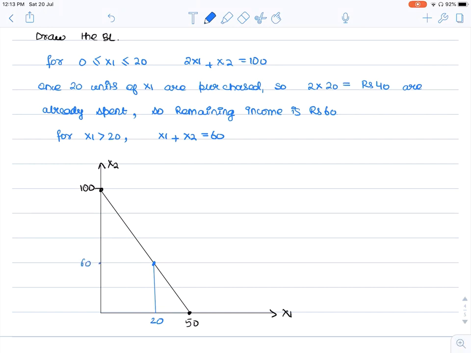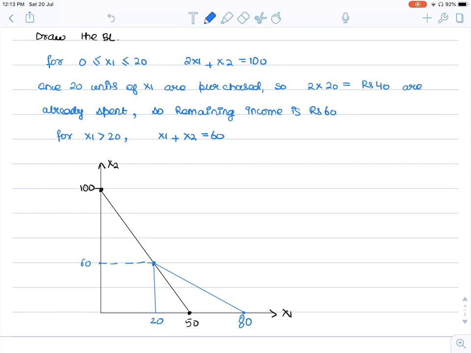You can consume all of X2, that is 60, or you can consume all of X1. You can consume 60 more units of X1. So if you still want to buy all of X1, you can consume how much of X1? 20 plus 60, which is 80. So this 80 is the learning of this question.